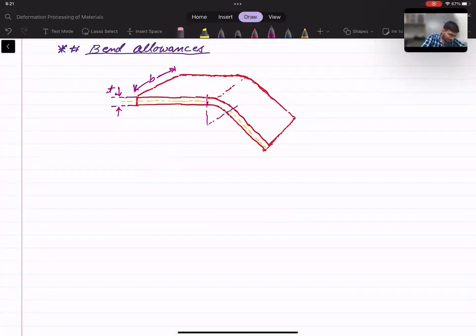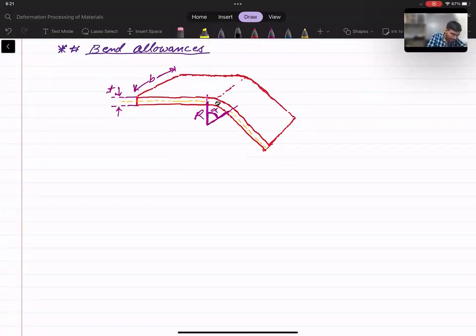So this is the bend radius R. Okay, and this angle is the bend angle alpha, and here there will be the allowance that we are talking about.